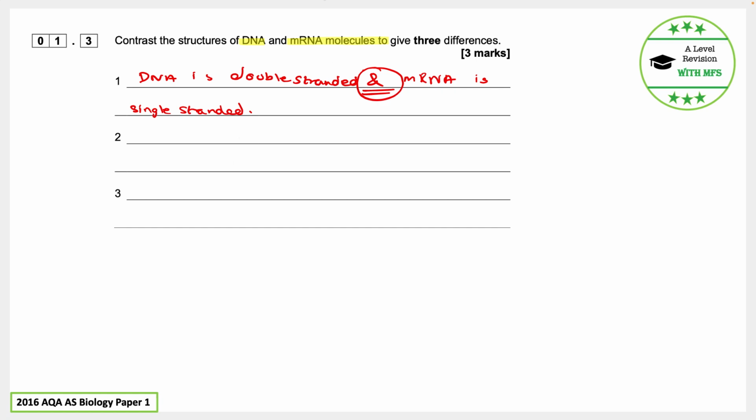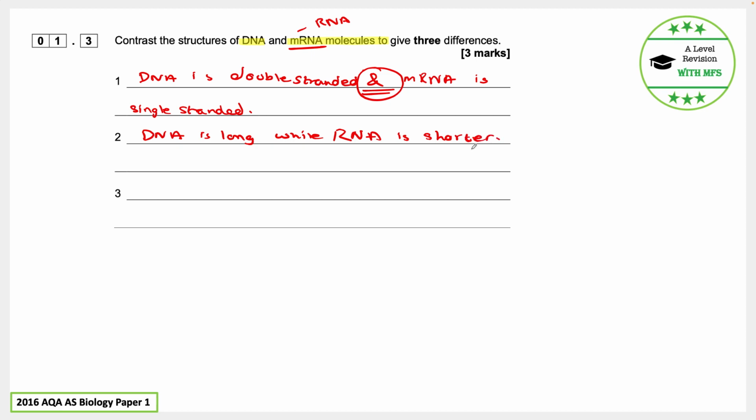Okay, now mRNA is a type of RNA. Okay, there are 3 types of RNA that you need to know: mRNA, tRNA, and rRNA. Okay, so we are speaking in RNA terms through this. Okay, so we can also say that DNA is long while RNA is shorter.